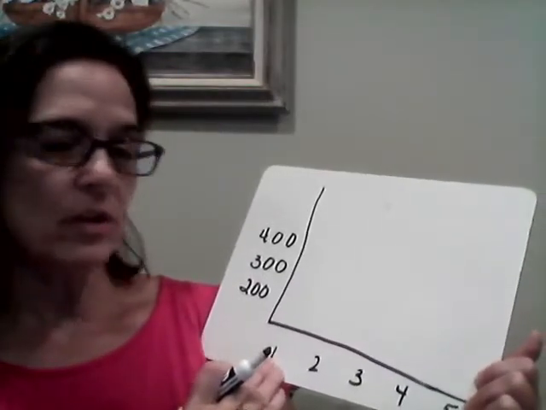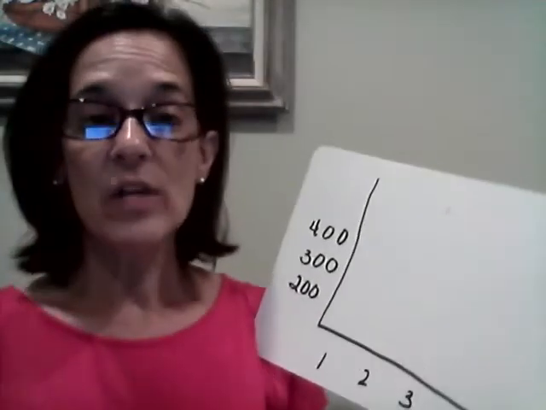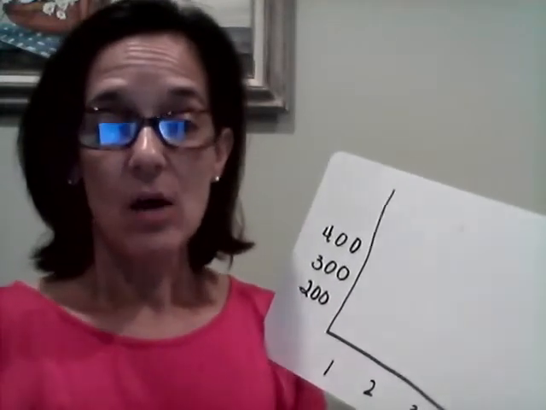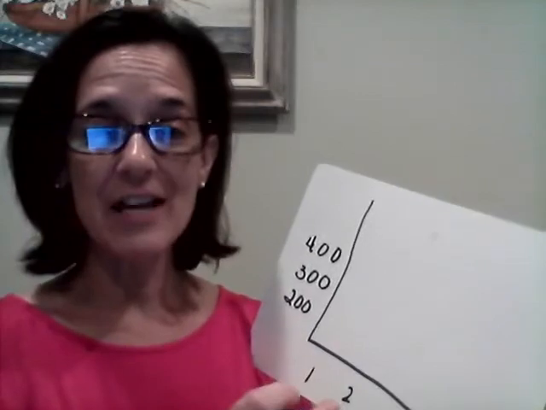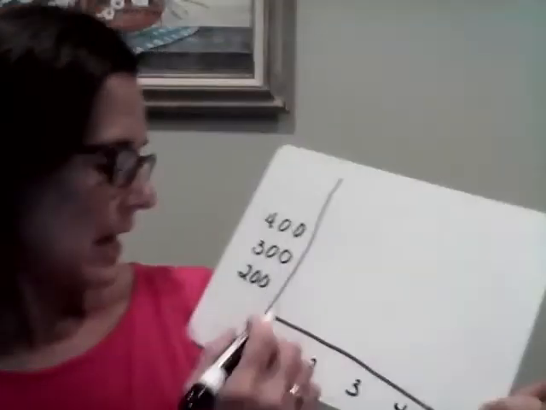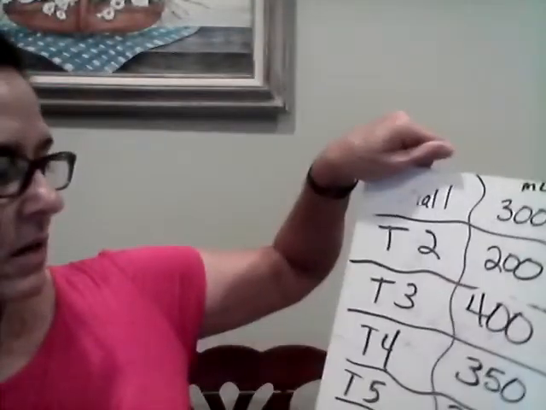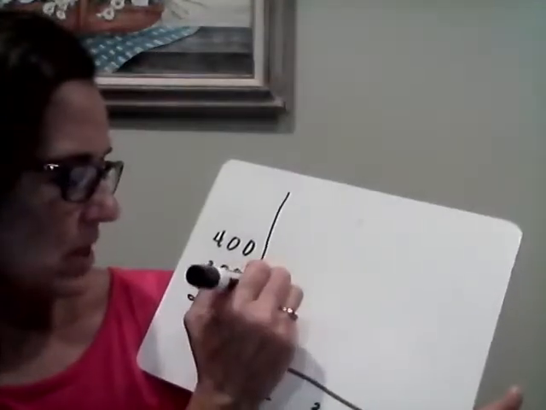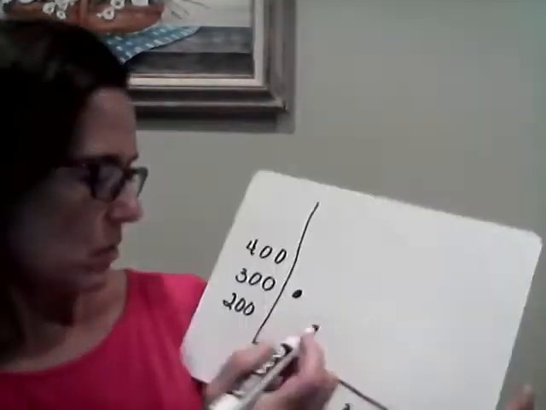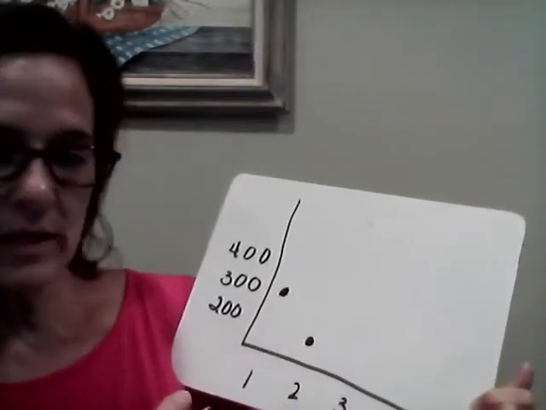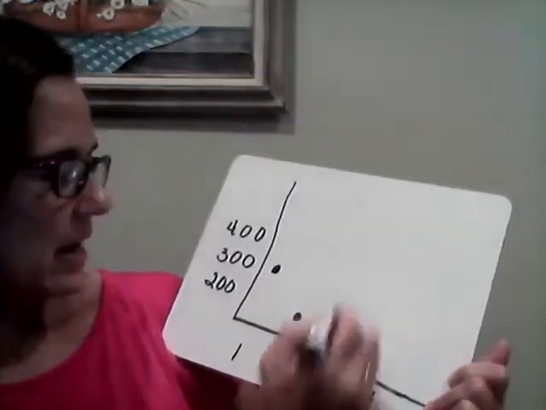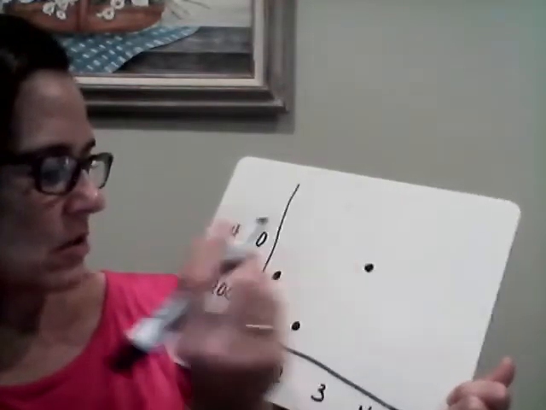And so then we looked at our trials, and we knew how to plot a point because we did it with Miss McGrath in her earlier lesson, and we had practiced plotting points a little bit today. And so in trial number 1, it was 300 milliliters. In trial number 2, it was 200 milliliters. In trial number 3, we had 400 milliliters.